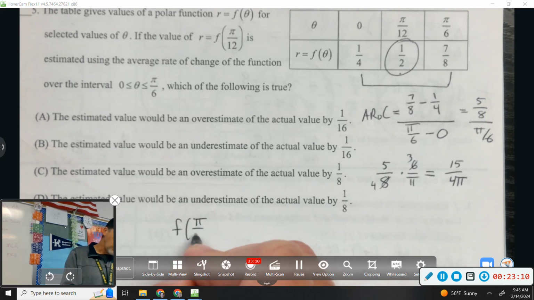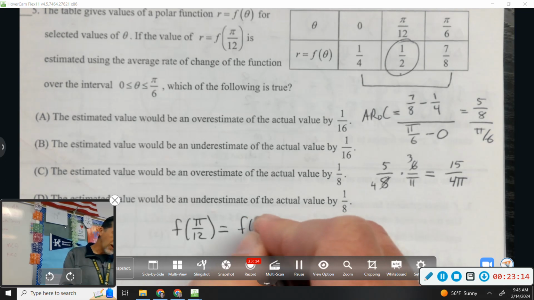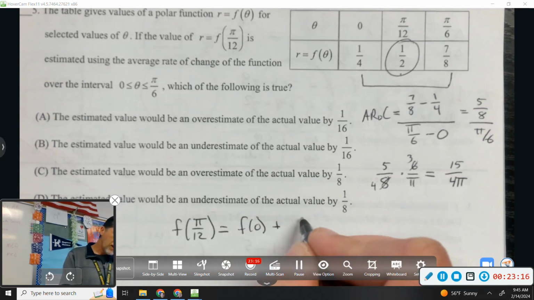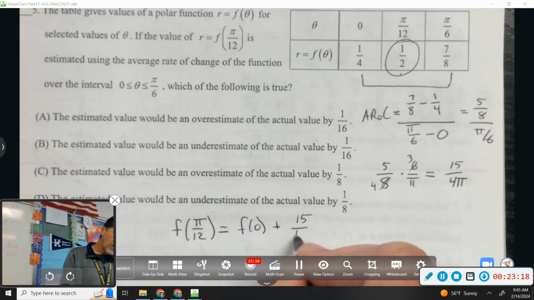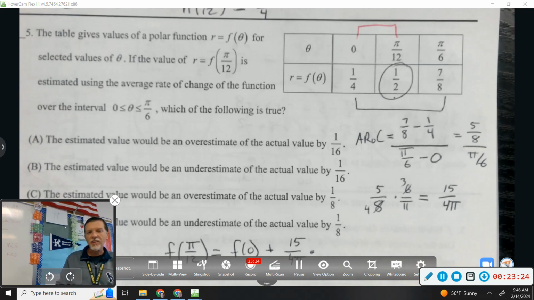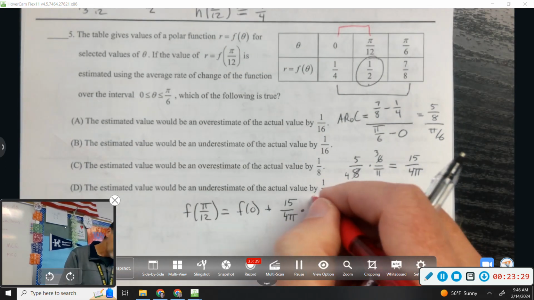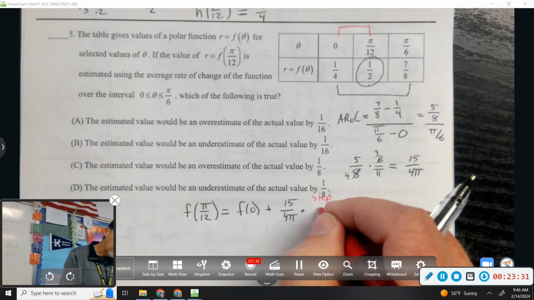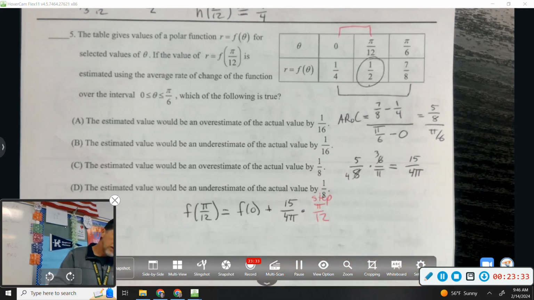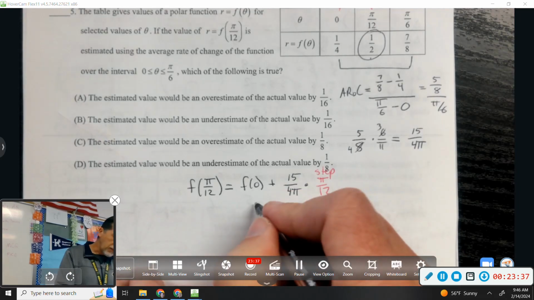So f of pi over 12 is start at f of 0, average rate of change times the step size. Step size is easy when you're starting at 0. So my step is only pi over 12. So f of 0 is 1/4.